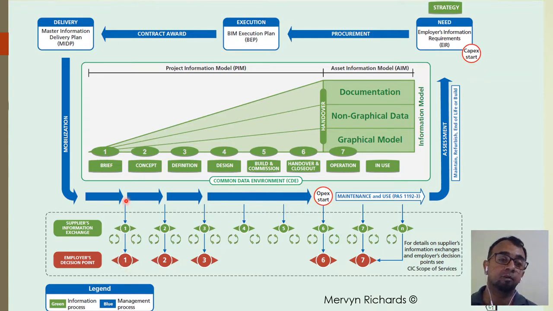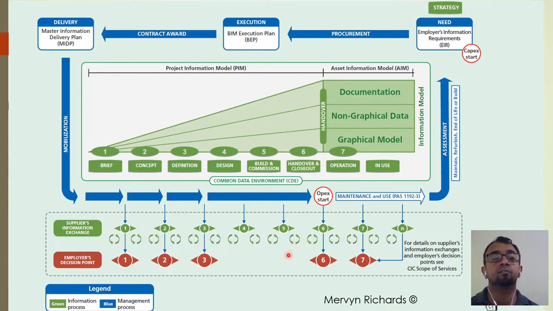When it is fully confirmed, you go to the next stage of concept design, and you continue to exchange data and information, and come to a checkpoint with the client. So the client will validate, and if he's okay, give the green light to go to the next stage. You go forward, and you can see after the definition stage, when the client confirms that that is what he wants as a building or as a new asset, there is no other checkpoint to go back.